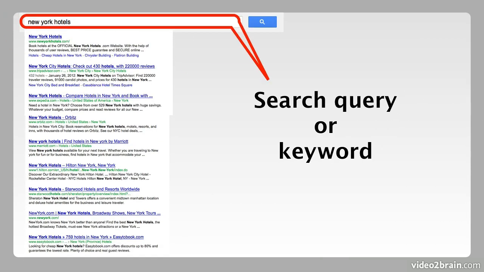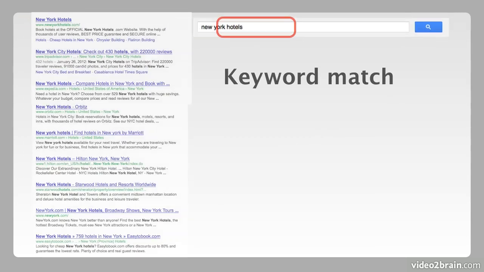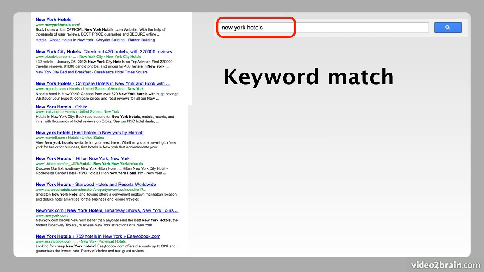So the first thing that's important to know are what words the searcher uses. We call those the search query or the keyword. The words that searchers type are the key phrases, keywords, or search queries that we're looking for. And also what we want to know is how closely does it match the results that are on the page.